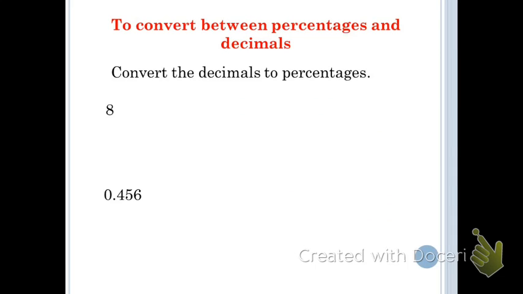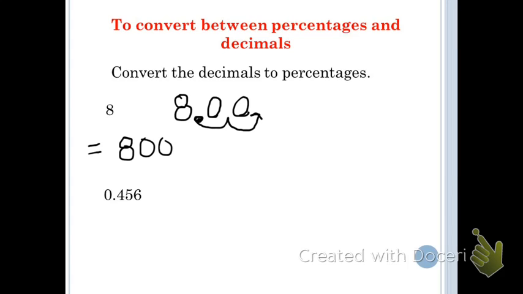Convert the decimals to percentages. 8. The decimal is behind the 8, so it's right here. And we need to move it 2 to the right. 1, 2. So we have 2 spots where we need to place zeros. So 8 is equal to 800%.